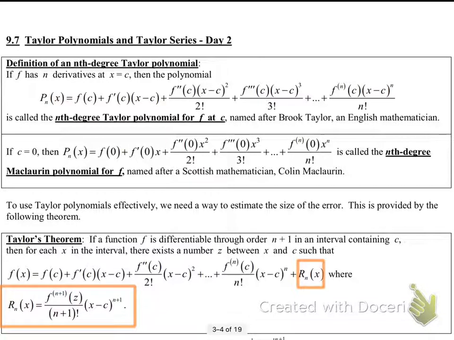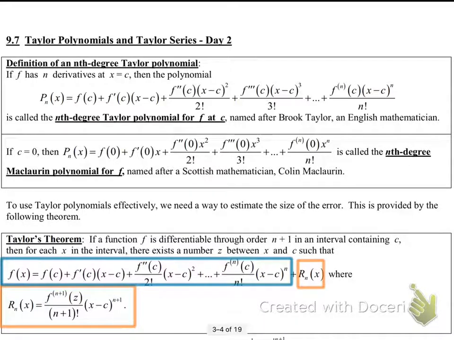So Taylor's theorem tells you that this remainder is defined as sums. This Taylor series in front of you has a remainder, and the Taylor series is centered at c.